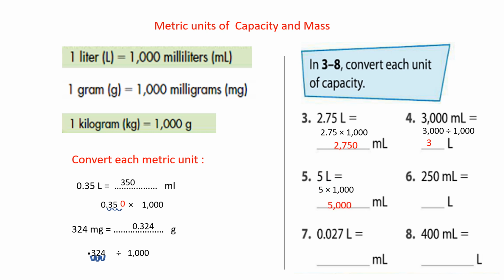Question number 6, 250 milliliters to liters. Now I'm converting from milliliter to liter. What will I do? Only divide by 1000 because you are converting from a small unit to a large unit. So divide 250 by 1000, and with dividing, move the decimal point to the left 3 movements because there are 3 zeros, but there is no decimal point to move.